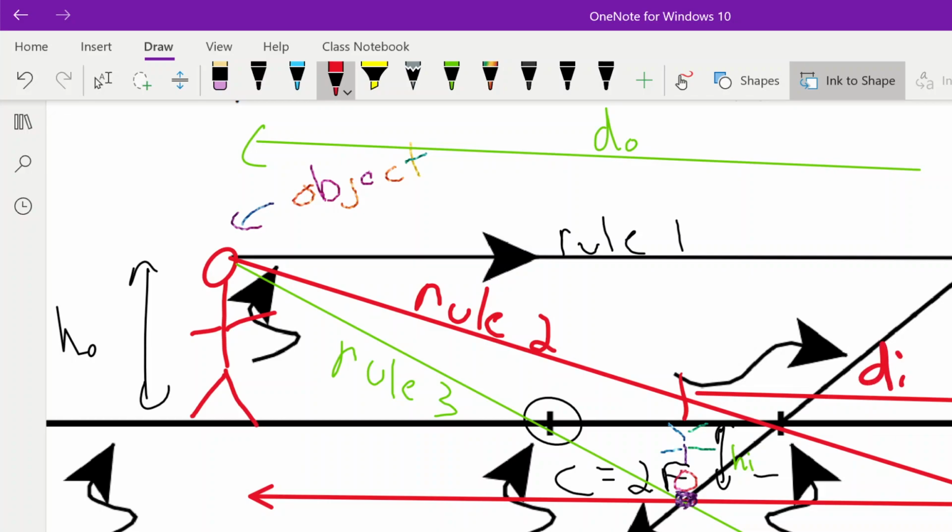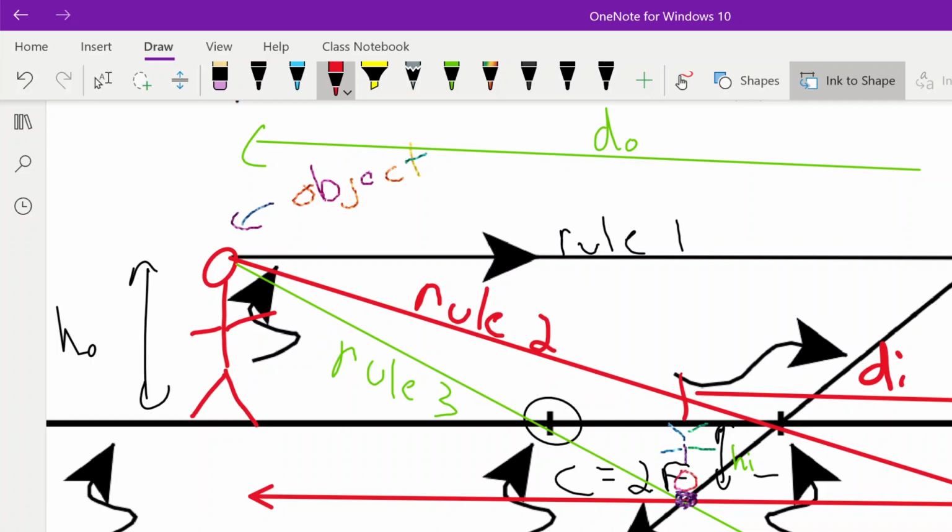It turns out that there's a pattern. The ratio hi over ho is the definition of magnification. It's the ratio of the size of the image over the size of the object. It will equal the ratio of di over do, but with a negative sign.